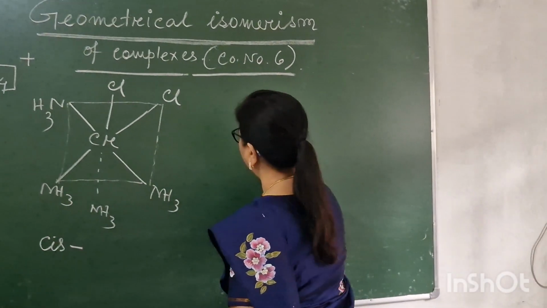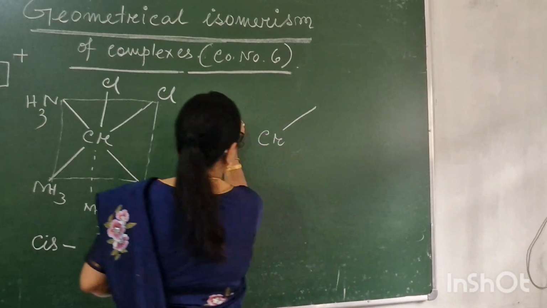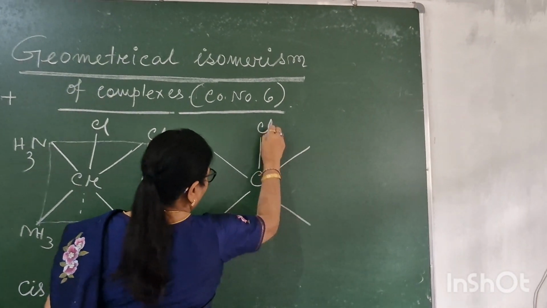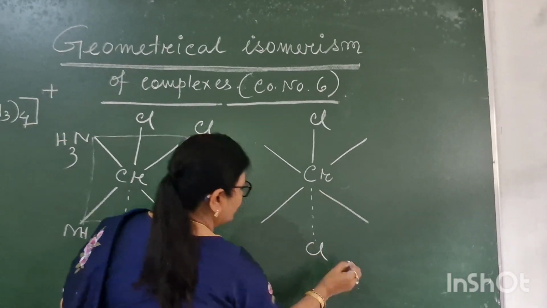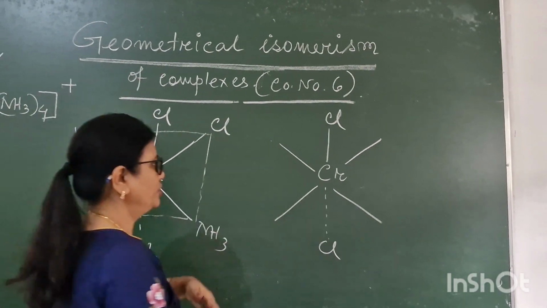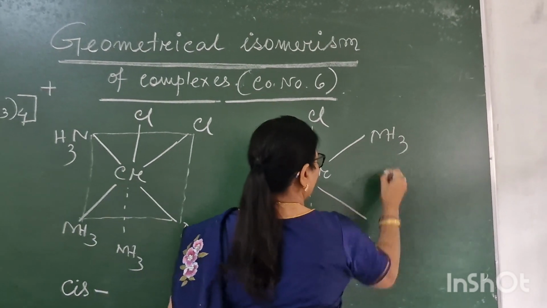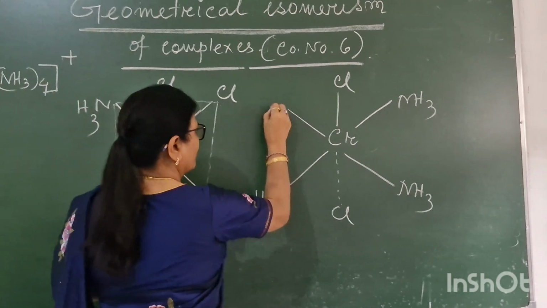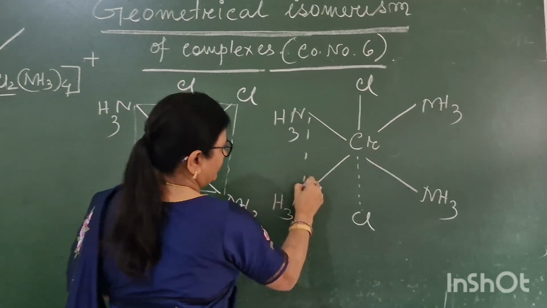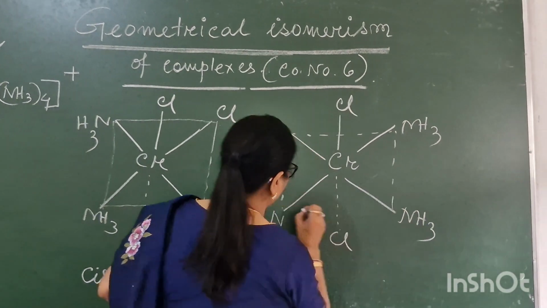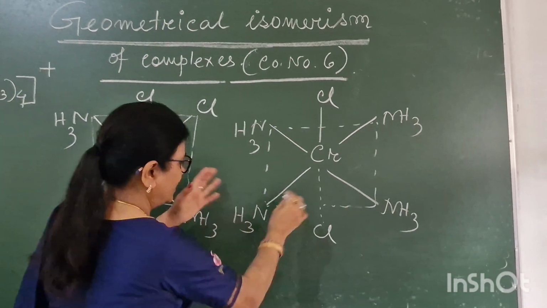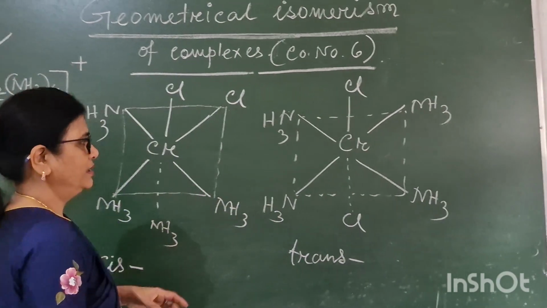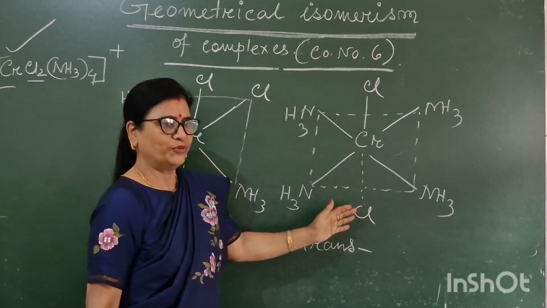Again, you can draw the trans isomer like this, where the chlorido ligands are in opposite positions. This is the octahedral structure. This is the trans isomer. Here, the same ligands are in opposite positions.